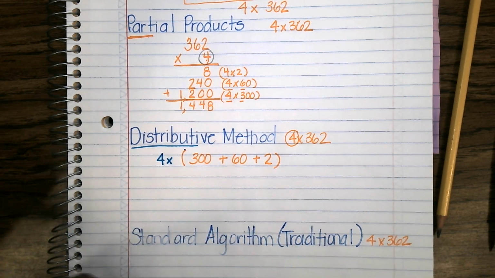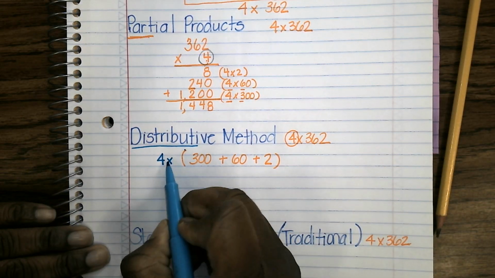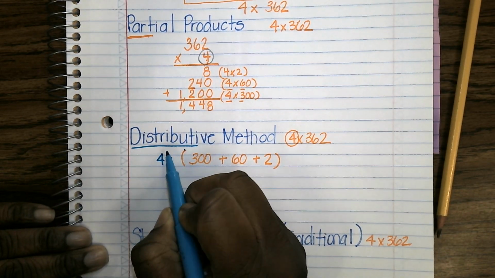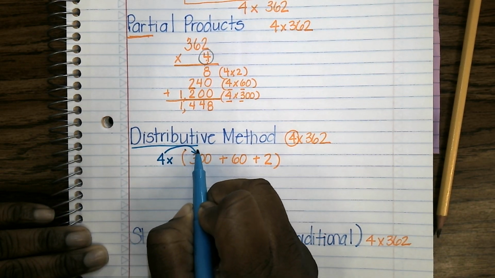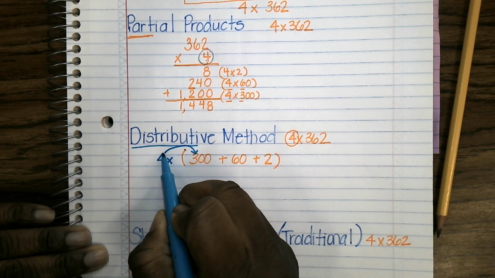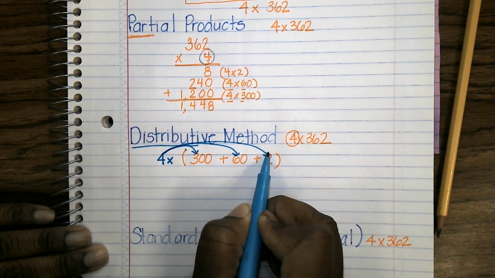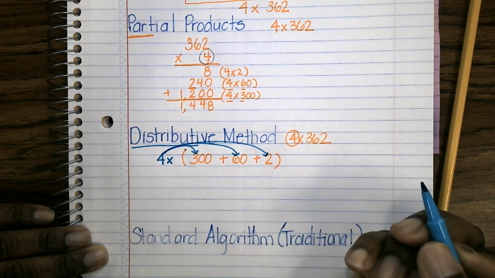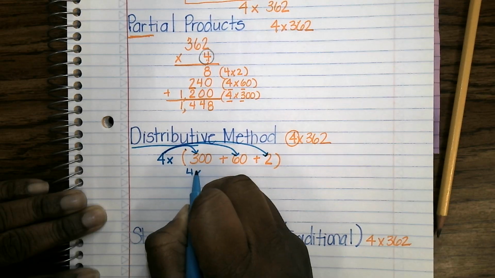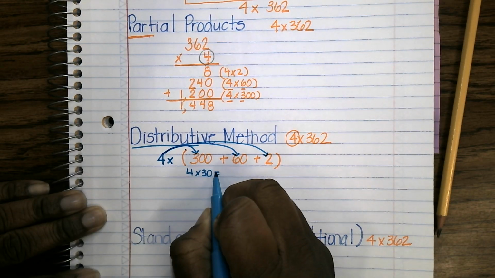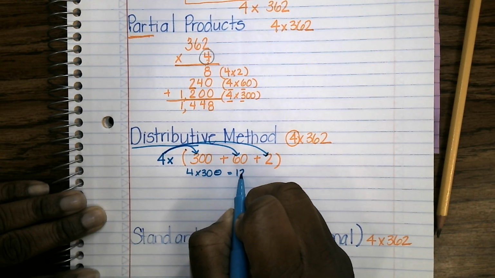Much like the partial products method, you are doing a small product at a time. We are going to distribute this 4 and multiply it times each of these values. So it'll be 4 times 300, 4 times 60, and 4 times 2. So we have 4 times 300, that's 1200.